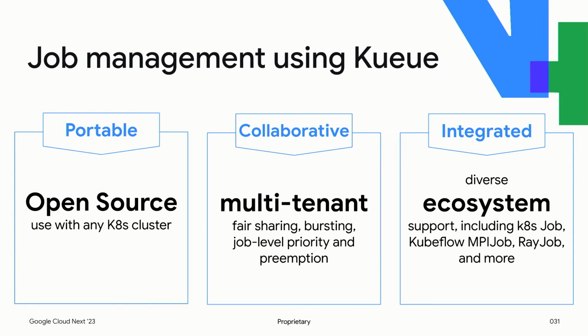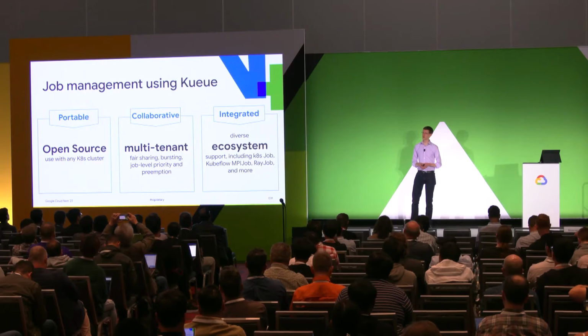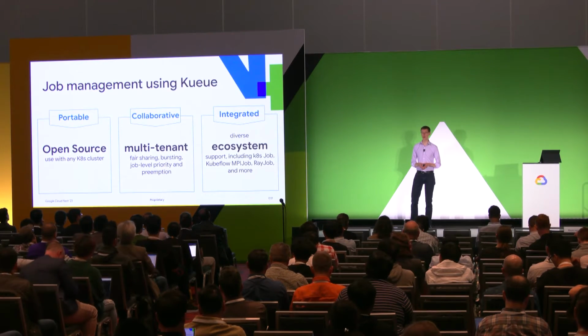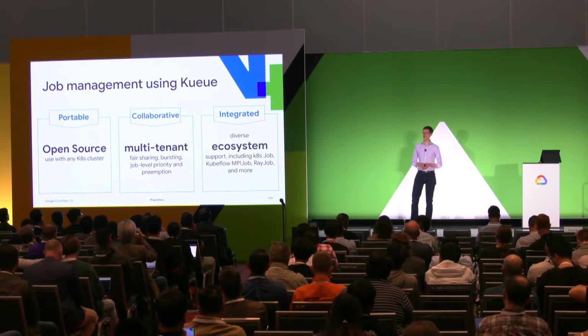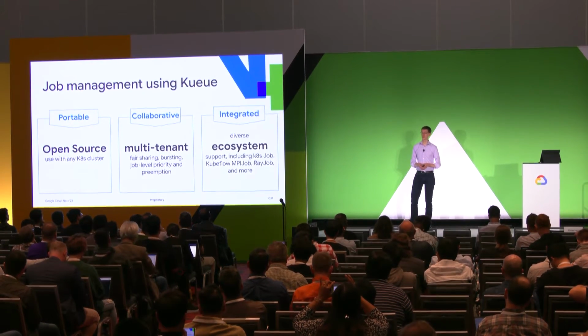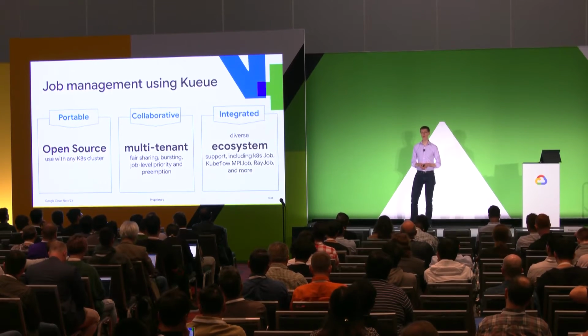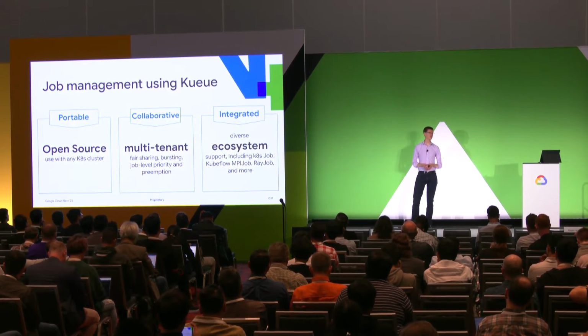If you have many teams within your organization all sharing limited compute resources, Kueue makes it easy to share those resources together. With Kueue, each team can get their fair share of resources, while bursting to take advantage of unused resources elsewhere. With Kueue, the most important jobs get priority, and lower priority jobs get preempted. And all of this is fully open source and integrated with a diverse ecosystem of ML tools, frameworks, and libraries.